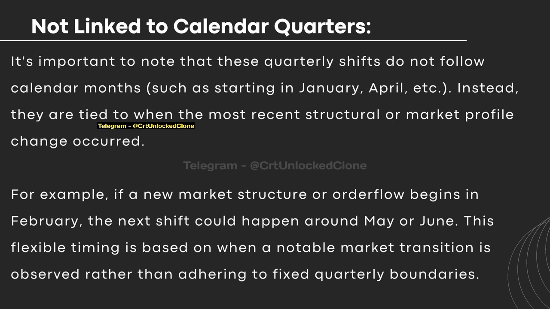And that way throughout the time period from February to May you could trade in a specific profile in a specific direction, exploiting the idea of quarterly theory, or quarterly shifts, right? Now the flexible timing is based on when a notable and significant structural change or transition occurs, rather than adhering to fixed calendar quarterly boundaries, just like I said before.